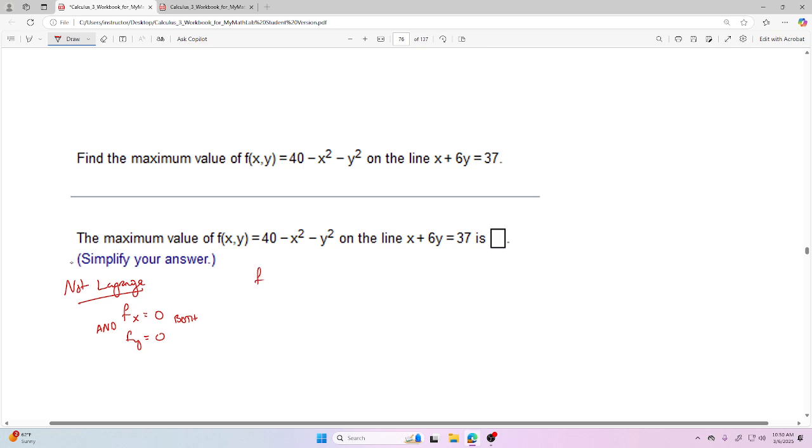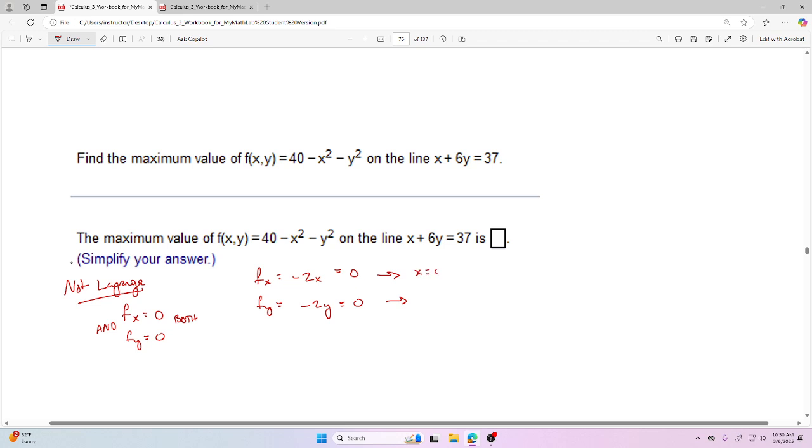So let's do that. What's my f sub x? Okay, awesome. f sub y? Awesome. Okay, and I need to set these equal to 0. So what is my x and y equal to?